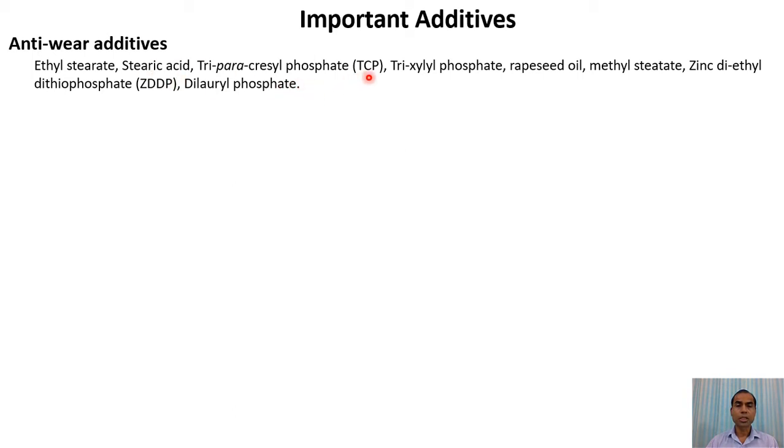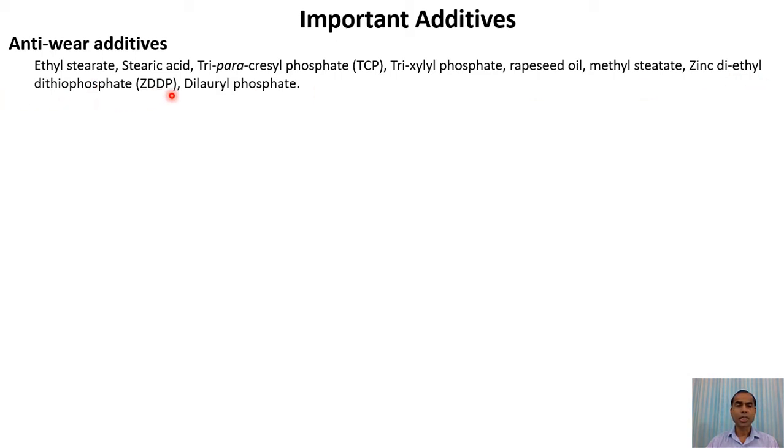Among all these, TCP and ZDDP are two very important anti-wear additives, and they are also used for other purposes, but their performance as additives which can form a protective film on the steel surface is very important.